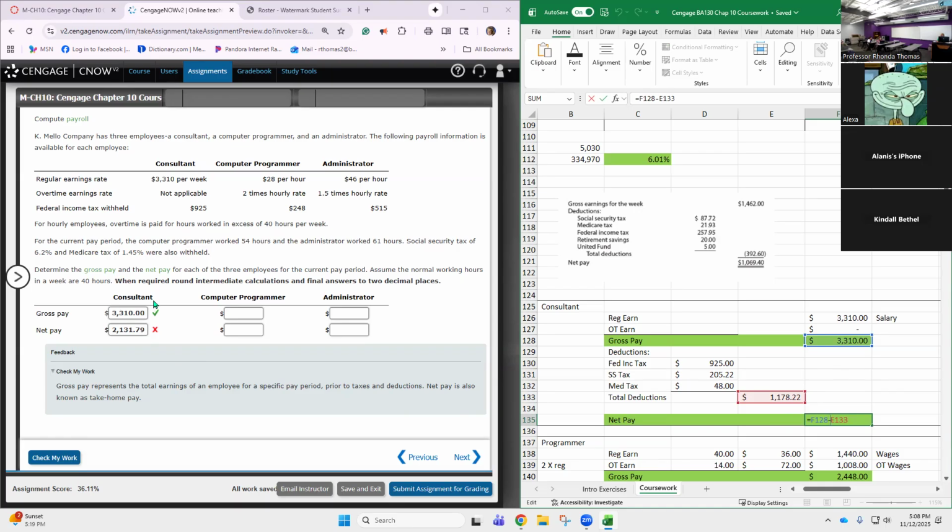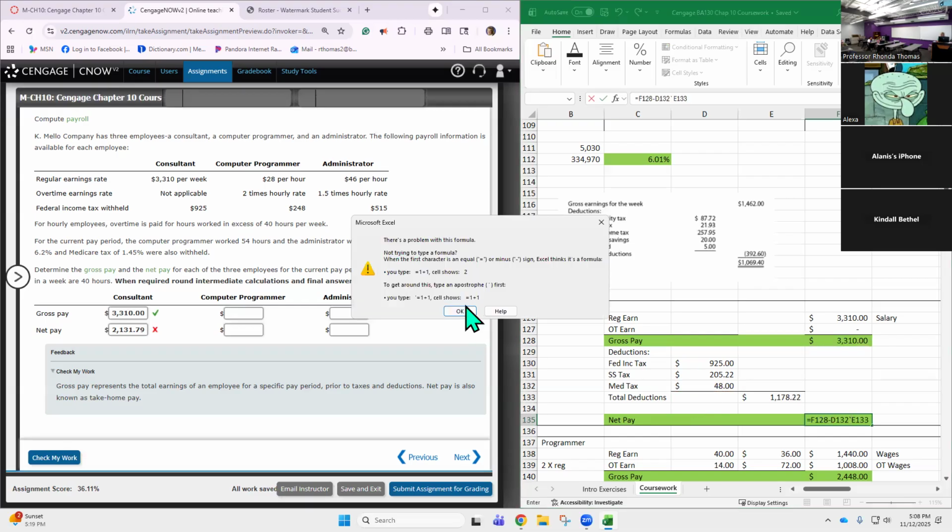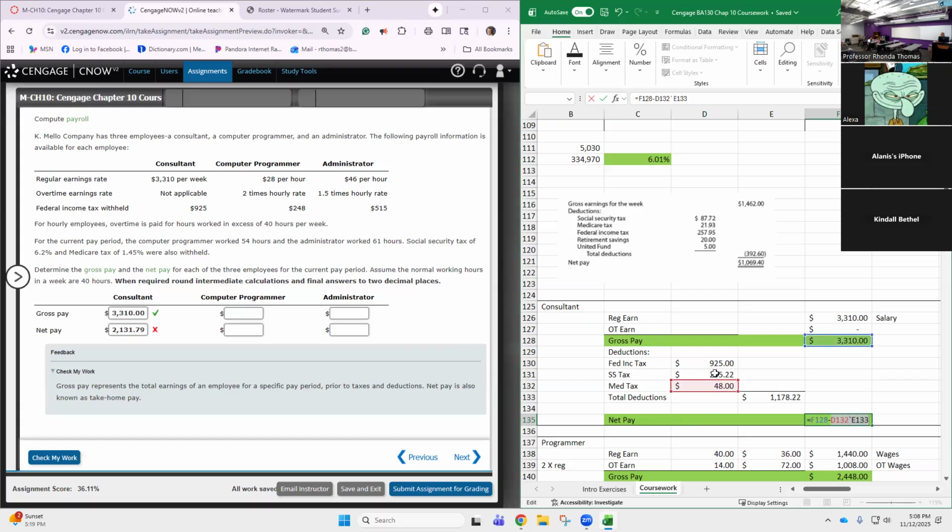So let's see, what does this say? When required, round intermediate calculations. So our intermediate calculations are here. So let me see here. Nope, just to see what's going on.